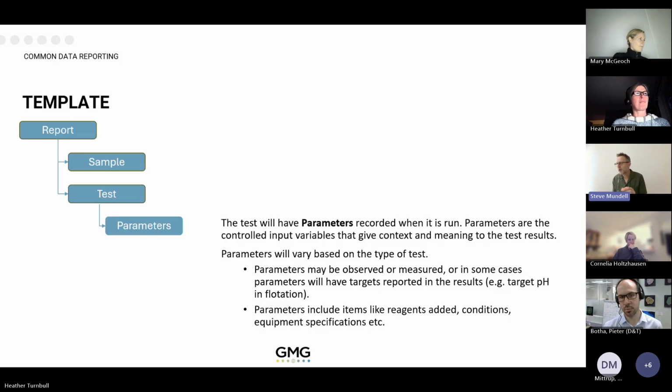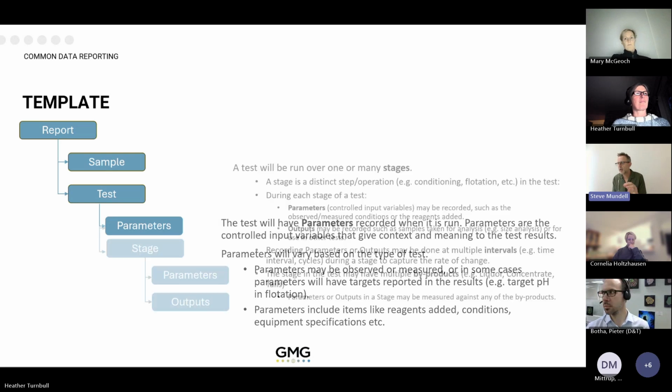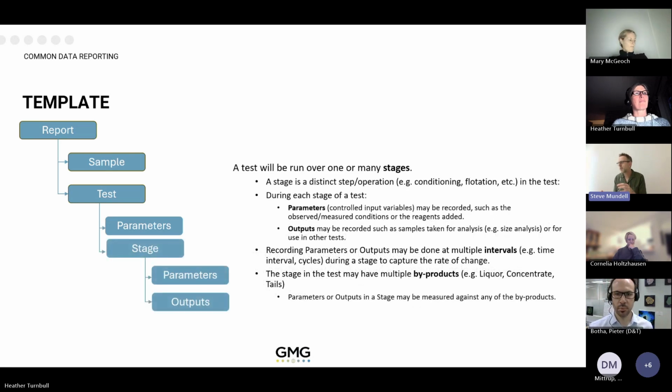But then if we go to the next step, when we run the test, it'll be run through one or many stages. And I'm sure that those that have been through geomet test results understand what these stages might be, but it goes through stages, and each one of those stages may have parameters. So for example, in a flotation test, it might be the amount of reagent that's added into the cell in that particular stage.